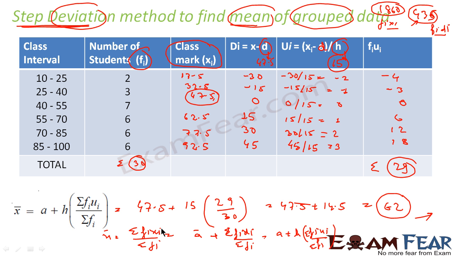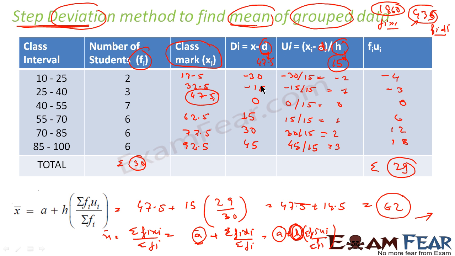So if you see the pattern, it's all the same. It's all sigma Fi xi by sigma Fi. In this case, we have assumed a mean, so we'll add this assumed mean. In this case, we have the assumed mean plus this step deviation value H, so we'll multiply by it. Correct? Since we are dividing all these values by H, we multiply by H. And here, since this D is subtracted from all, we'll add.